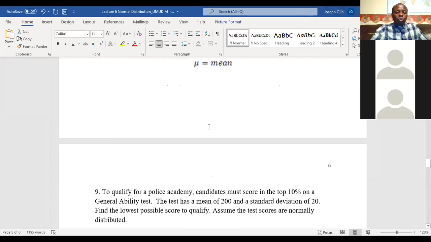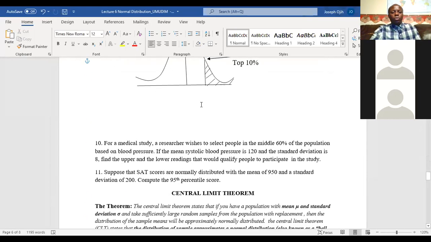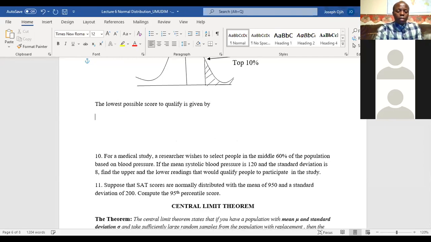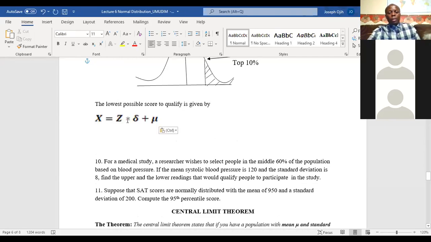The lowest possible score to qualify is given by this formula: x equals z times standard deviation plus mean.